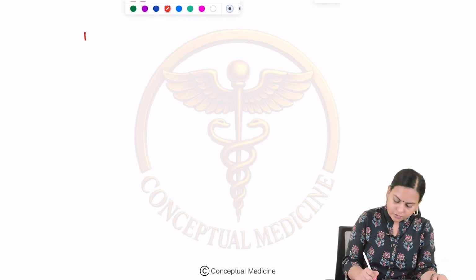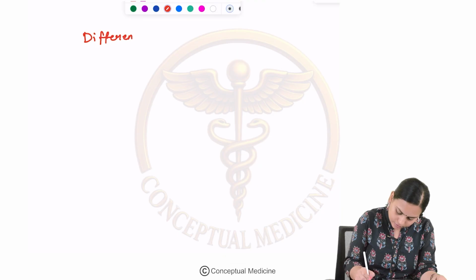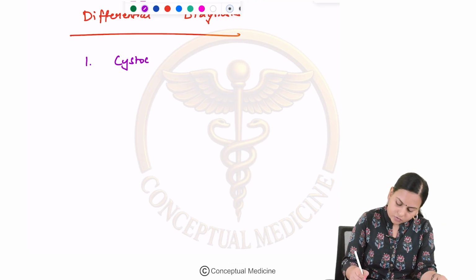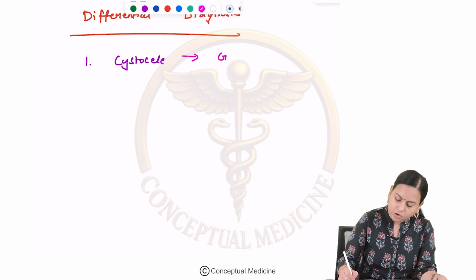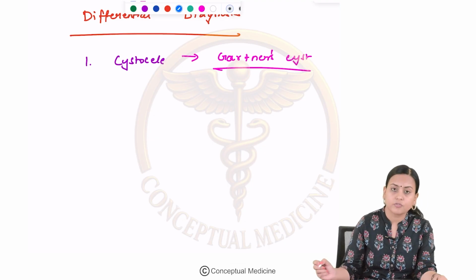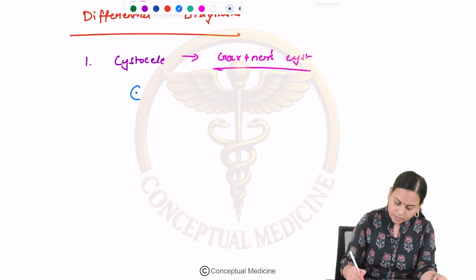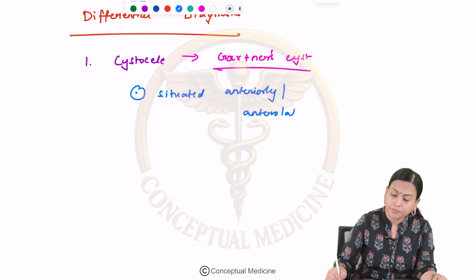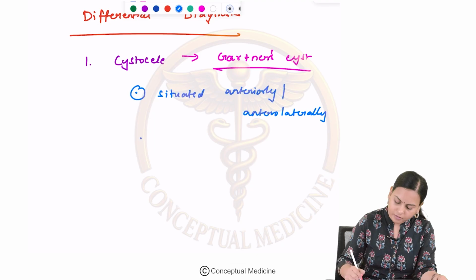Okay. So, differential diagnosis involves cystocele versus Gardner's cyst. Okay. So, let's see what are the features of Gardner's cyst now. A Gardner's cyst is usually situated anteriorly or anterolaterally.